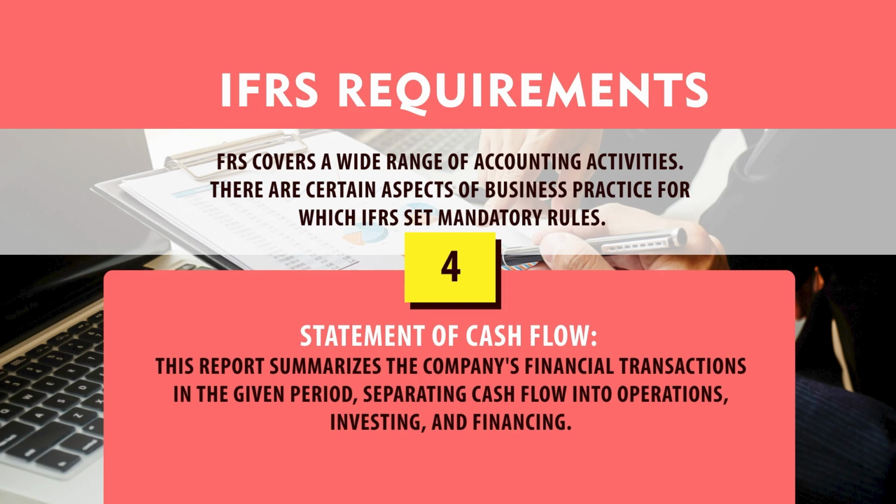As per the requirement of IFRS, the statement of cash flow is prepared keeping in view the operating activities of the business, investing activities of the business and financing activities of the business.